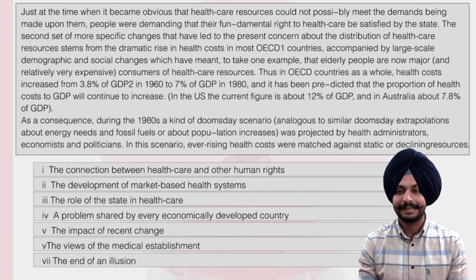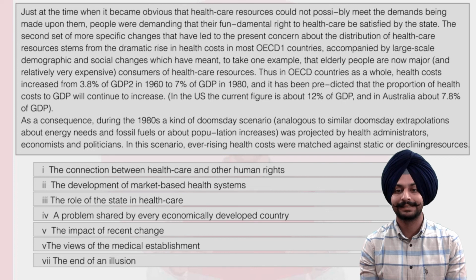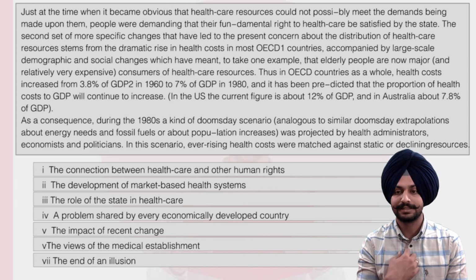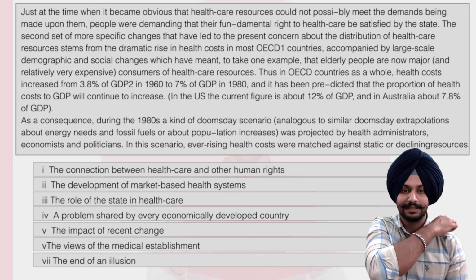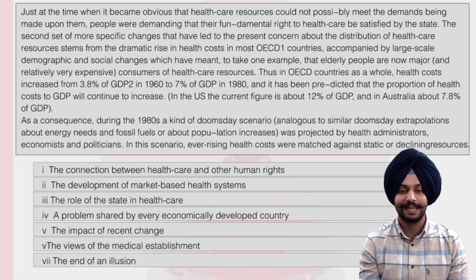They are saying the second set of more specific changes have led to the present concern. So here they are talking about the impact of recent changes. We have found our keyword, which is specific changes.